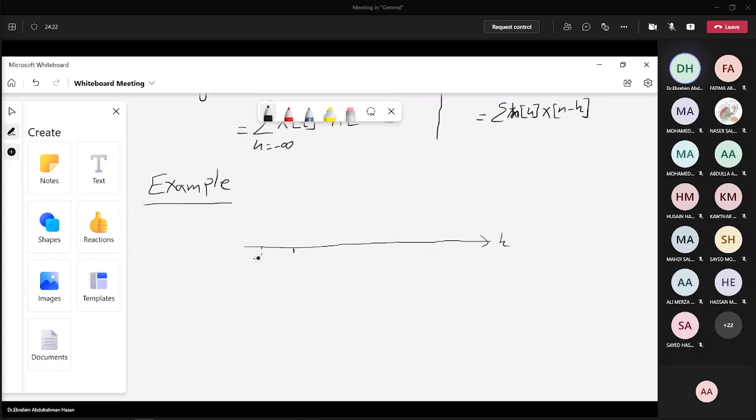Minus 1, 0, 1, 2, 3, 4, and so on. So this is my x of k, x of n. So at minus 1, it is equal to minus 1.